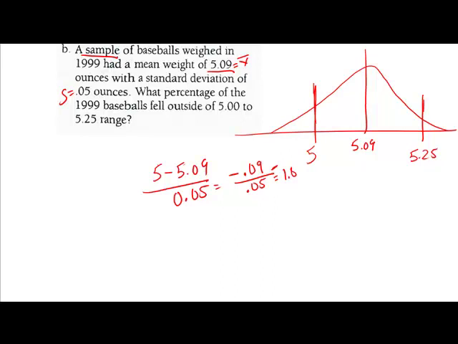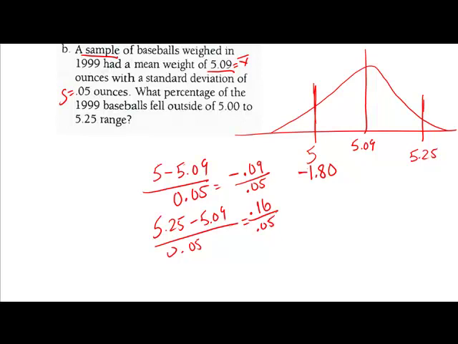So that's our z-score here, a negative 1.80. And 5.25 minus 5.09. Let's see, 25 minus 9 is 16, divided by 0.05. That's going to be 3.2.